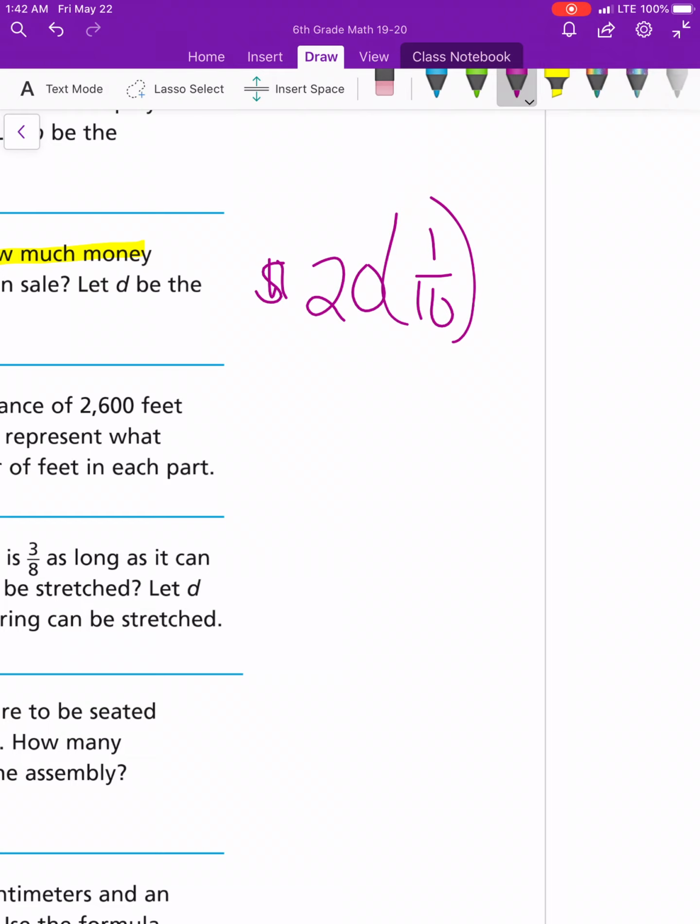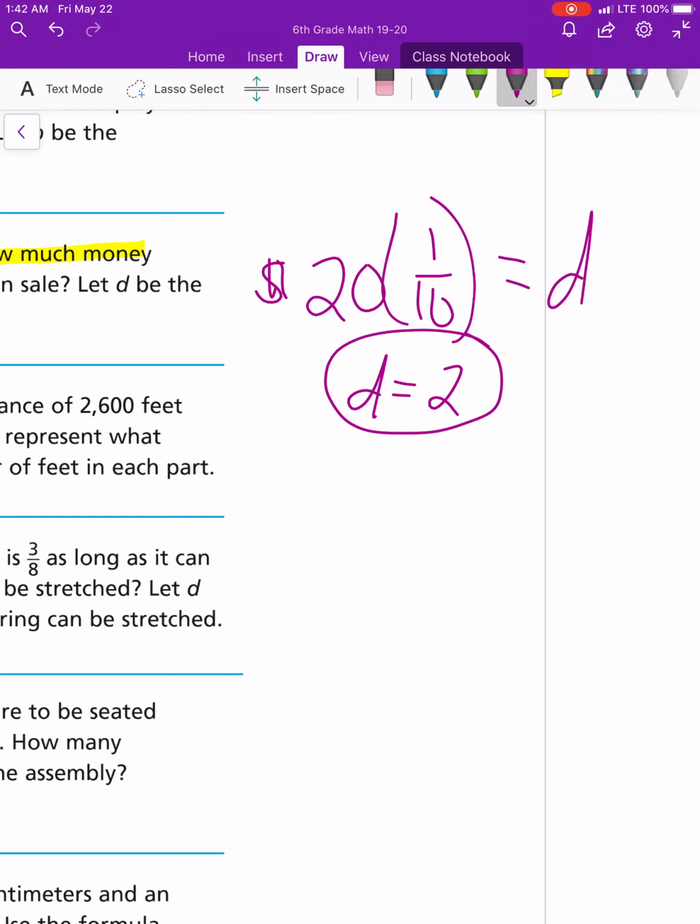So we multiply. She'll pay this much money. So she'll end up paying, sorry, 20 over 2. Oh, that's how much she'll save.